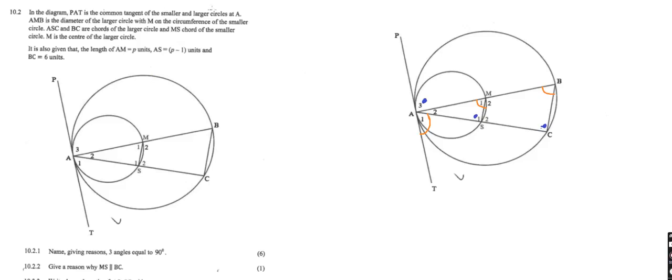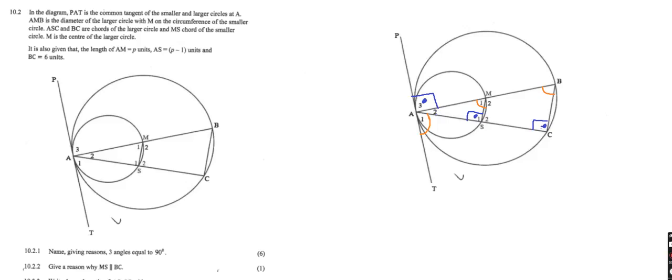Okay, let's move on. AMB is a diameter. Now that we know that we've got a diameter, it means this is 90 degrees because AMB subtends 90 degrees at the circumference. And since we said this is 90 degrees, this will also have to be 90 degrees. We already said they are equal to each other. Even that is going to be 90 degrees.